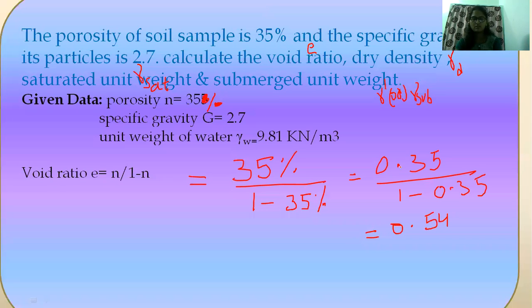The value is 0.35 by 1 minus 0.35 is equal to 0.54. Void ratio, any units? There are no units for void ratio e.